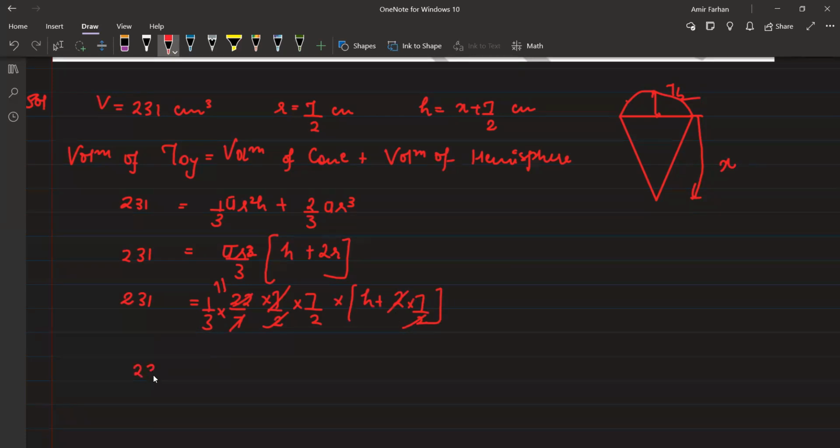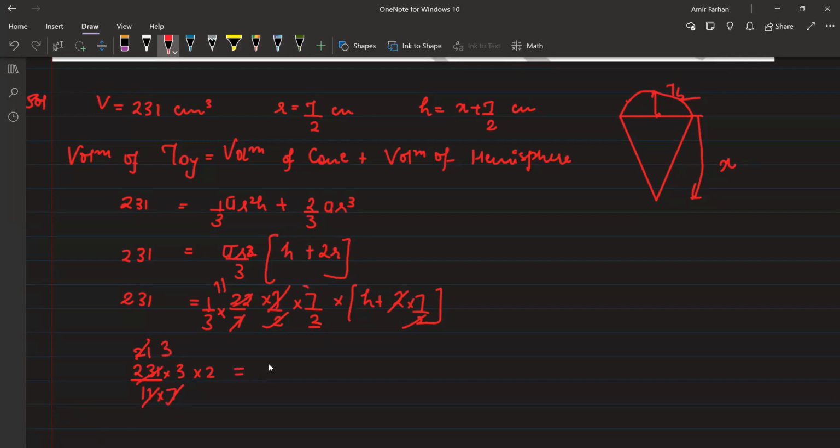So 231 divided by 11. This 11 will go in the denominator and 3 will go in the numerator, into 7. This 7 will go in the denominator, and this 2 will go in the denominator. Clear, everybody? If you divide 231 by 11 times, it will be 2 and 1, and 7 3s are 21.